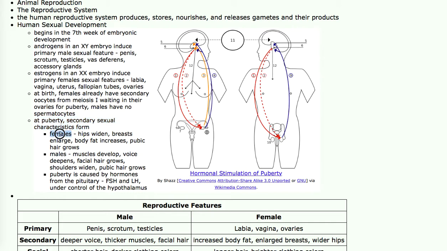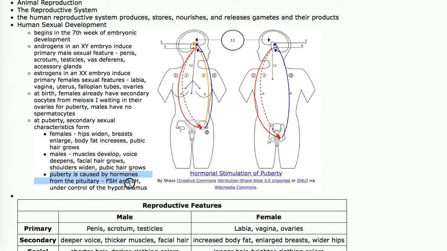For girls, hips widen, breasts enlarge, body fat increases, and pubic hair grows. All of this in preparation for potential pregnancy. For males, muscles develop, the voice deepens, facial hair grows, shoulders widen, pubic hair grows, all preparing for physical fatherhood.